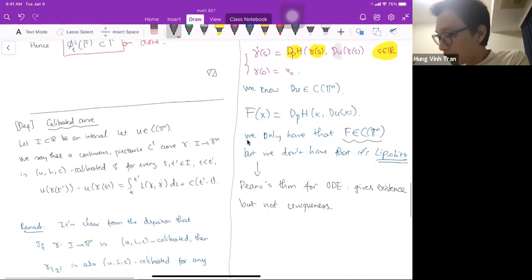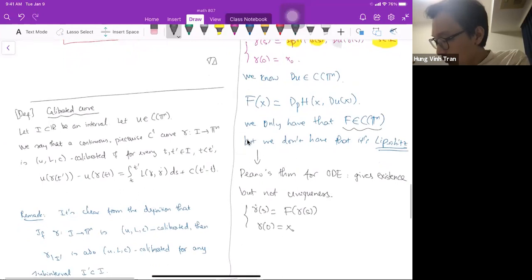So what it really means here is that when you look at this ODE, you have gamma dot equals f of gamma s, and you have gamma 0 equal to x naught. Then first of all, you only have existence for a short interval of time, say s in minus delta to delta.